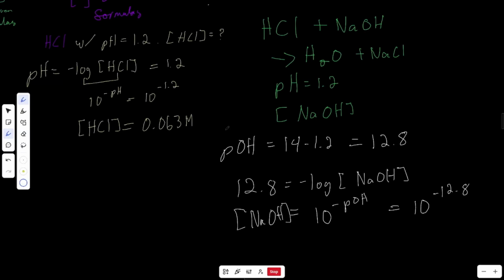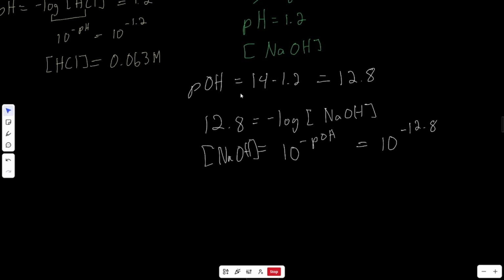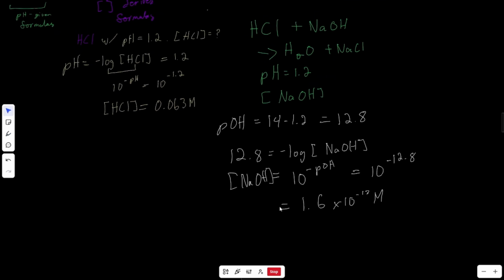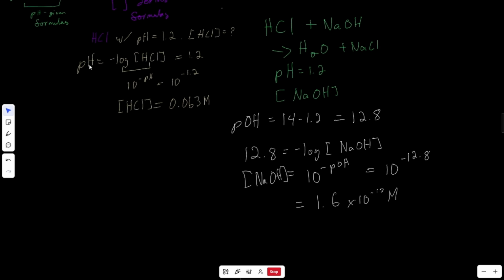And that gives us a concentration of 1.6 times 10 to the power of negative 13 molar. And that's it. That's how you'd solve for the concentration of our base given this data.